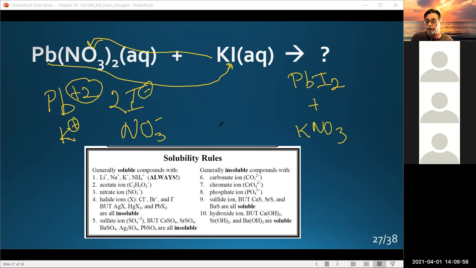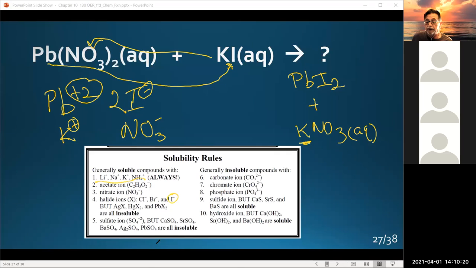So I've written the formulas. Let's go check the solubility now before we proceed. Look at potassium nitrate. Potassium is part of the big 4. It's automatically soluble, aqueous. Okay. Iodide. We look for the halide ions.